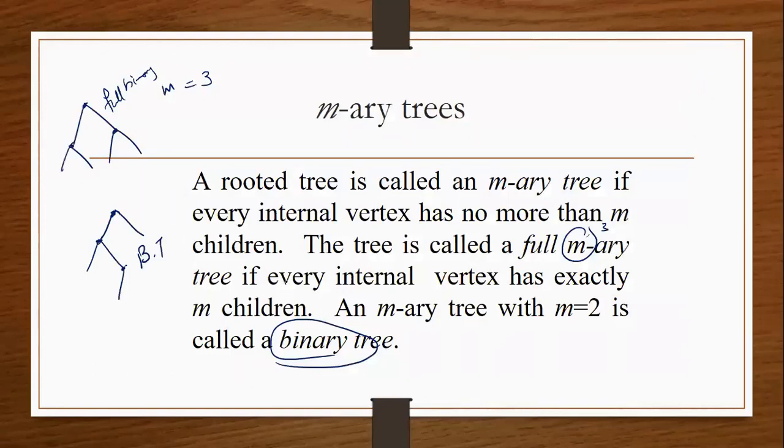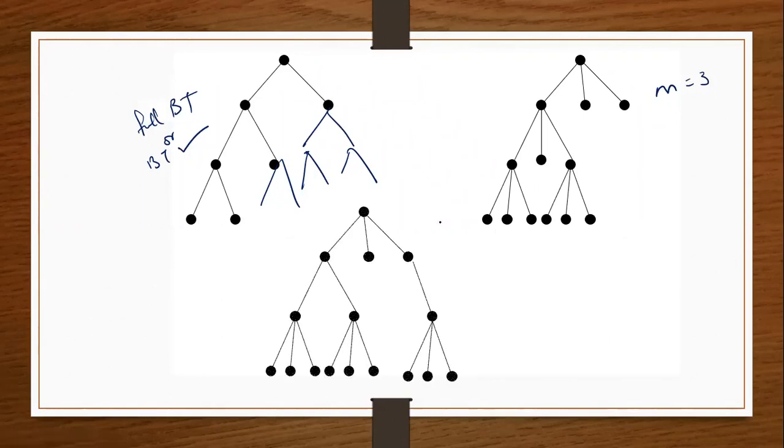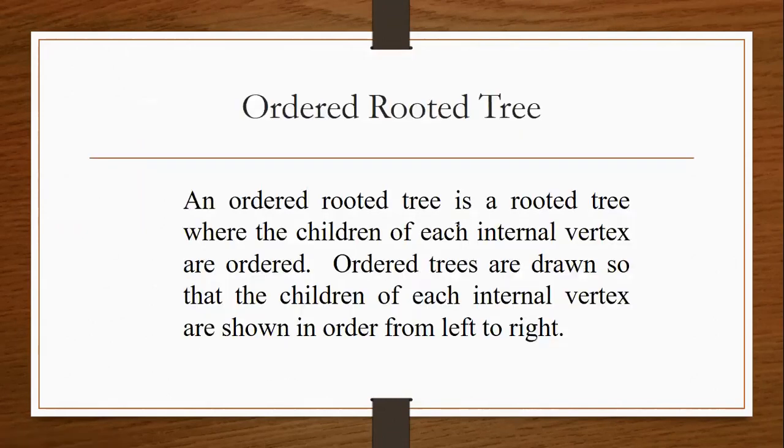The tree is called a full m-ary tree if every internal vertex has m children. So basically, this internal vertex should also have 3 children. It is an internal vertex, right? And this internal vertex also should have 3 children. So then it is called a full m-ary tree.